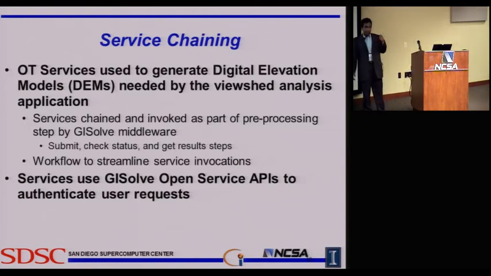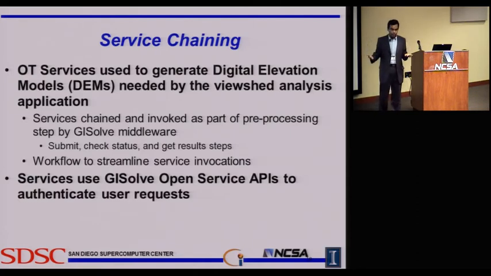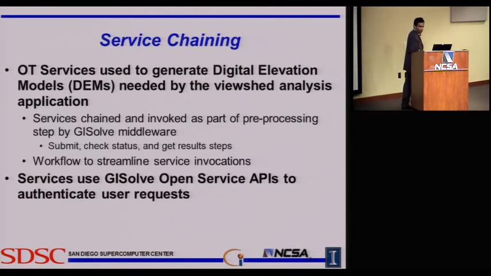You make a service call and have to wait, because you're selecting 150 million data points, so it might take a while to get them selected and translated. Each of these services has a start, and then you have to check whether the service has completed or failed, and all this handling is taken care of by the chaining service.